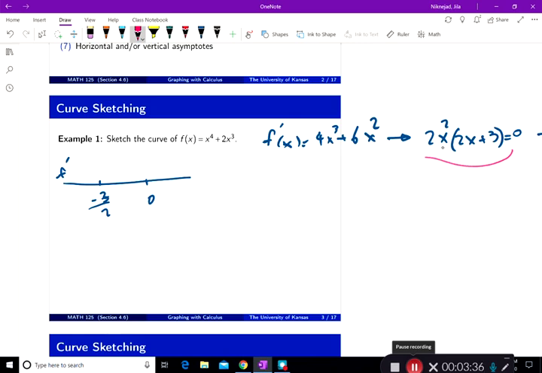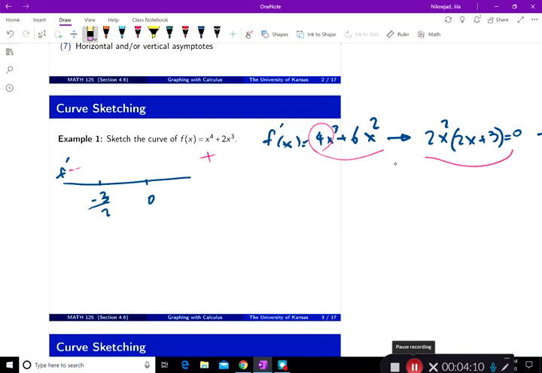I use the old trick. F prime is a cubic polynomial, with a positive leading coefficient. Therefore, if you remember, these are the endpoint behaviors. So I will have a positive over here and a negative over here, because the right end behavior is going to positive infinity, the left end behavior is going to negative infinity.